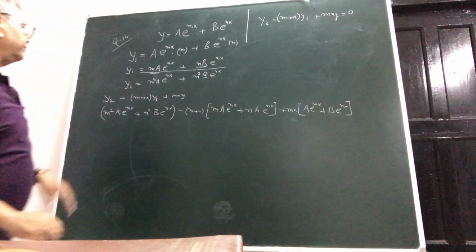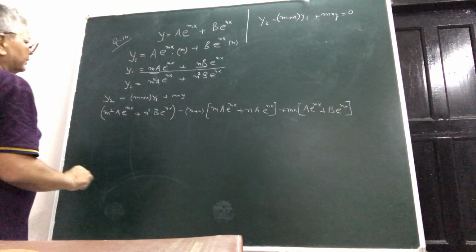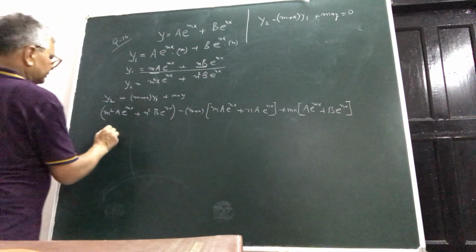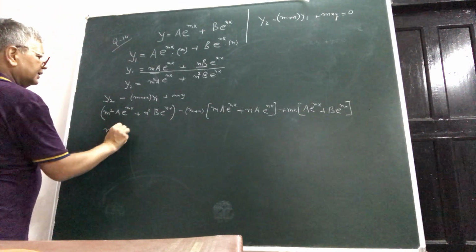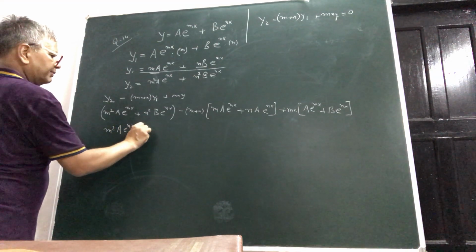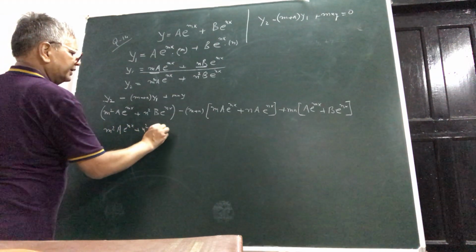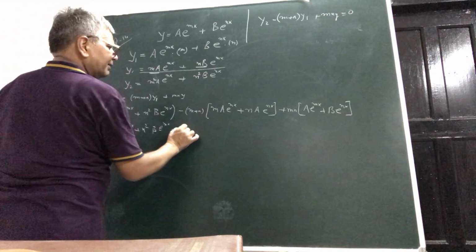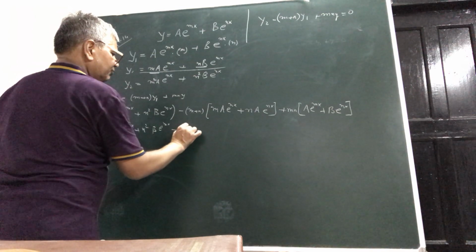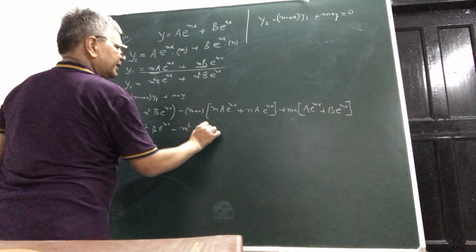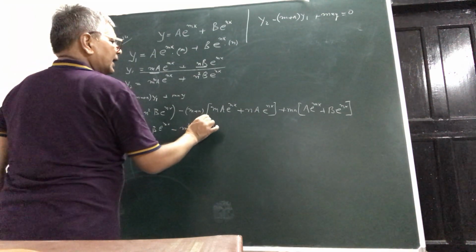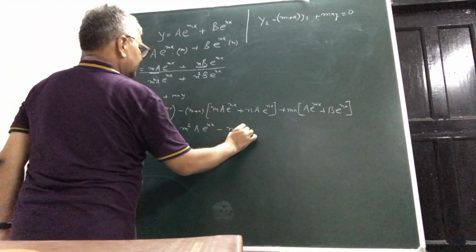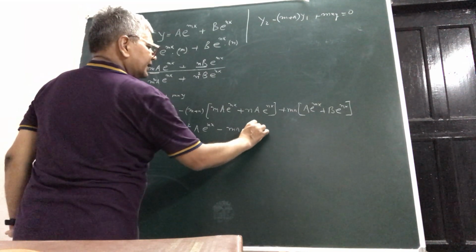Now let us see if everything is cancelling out here, and it will. Let me simplify this bracket. n square b e raised to power nx minus... Please see, I am multiplying with m. So m multiplied with m will give me minus m square a e raised to power mx, and m with n will give me minus mn b e to power nx.